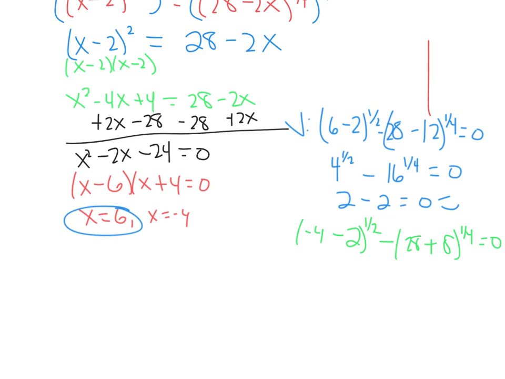Okay, so if we have negative 6 to the 1/2 minus 36 to the 1/4 equals 0. Now, the question becomes, can we do negative 6 to the 1/2 and get a number answer? And the answer to that is no. So negative 4 is not a solution.